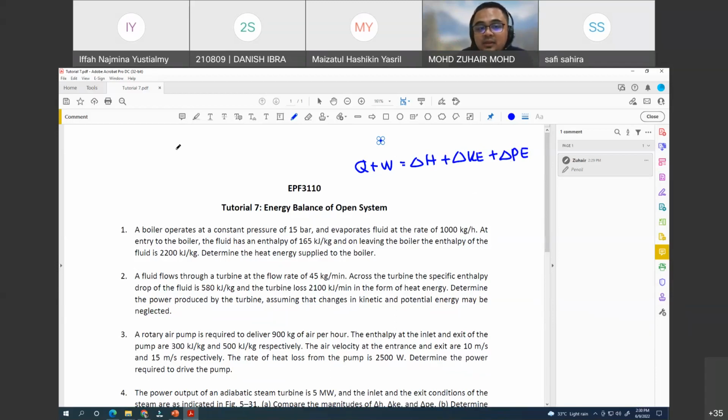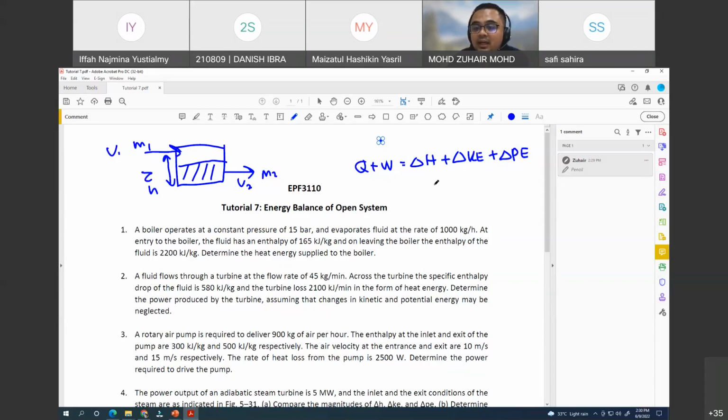But for the open system, this is like a process: this is going in, this is going out. For the steady state, the volume inside will be constant, but there will be some mass in and mass out. Because of this, it can relate to some velocity, this is V1, this is V2, and also some changes in terms of the height, which is equals to Z or H. This is related to the kinetic energy and the potential energy.